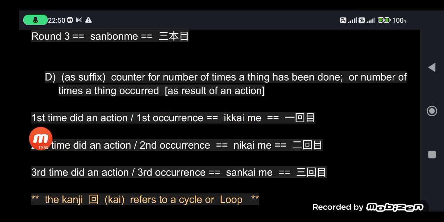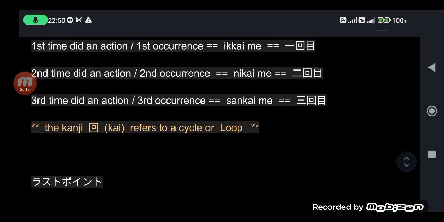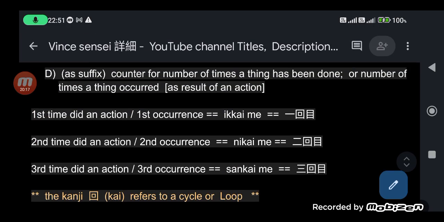So the first time for a person to do some action, the first occurrence is ikkaime. Or the second time of occurrence, nikaime. Third time to do some action, or the third occurrence, is sankaime. And so on and so forth.